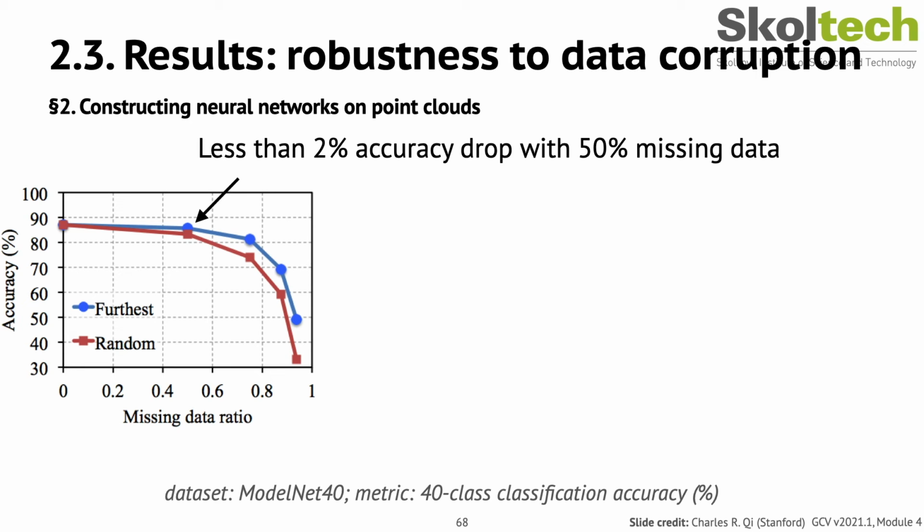To do this, one can, for instance, train the model using 1024 points but randomly drop a fraction of points at test time and see how classification accuracy suffers. That would correspond to testing against non-uniform sampling. For PointNet, even after dropping 50% of the points, accuracy drops by only 2%.